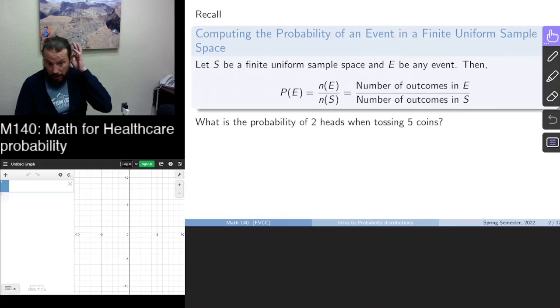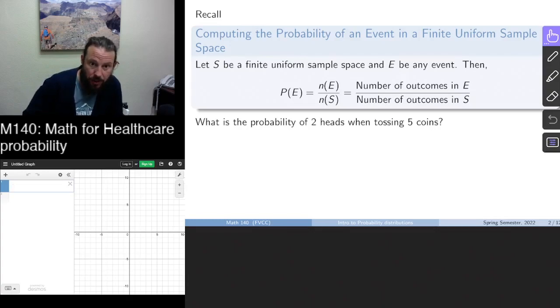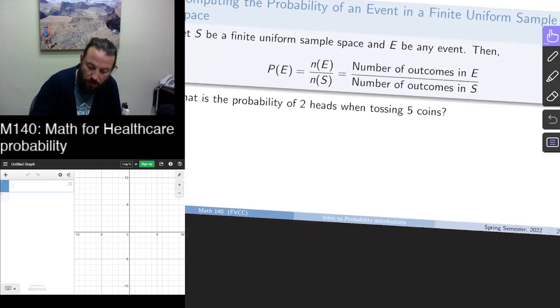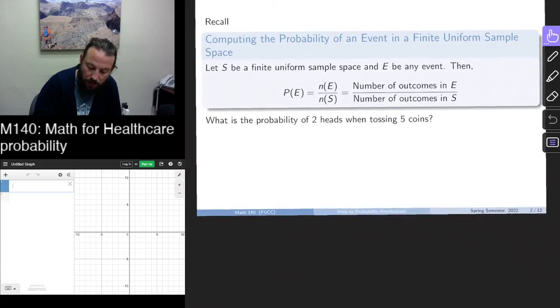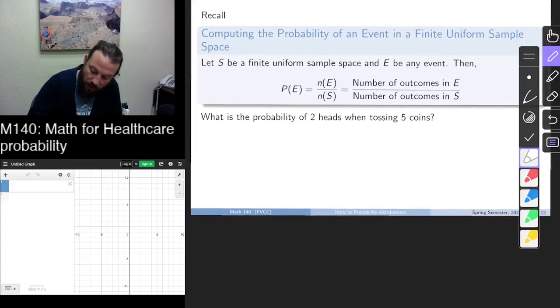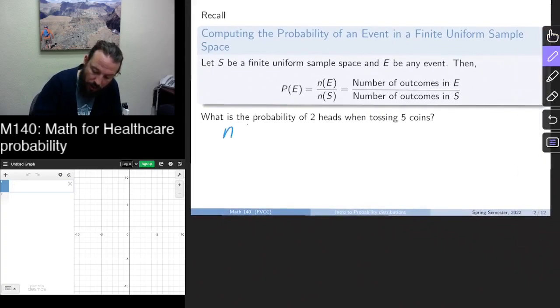All right, well, what's going on here? First of all, hopefully by now we're pretty good at finding the size of the sample space.